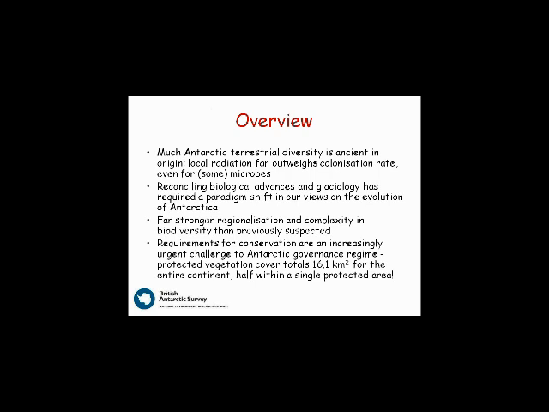As an example, if we think of Antarctic Specially Protected Areas, ASPAs, as national parks or something like that, and we think of what they're meant to protect, across the entire Antarctic, vegetation is protected in a total of about 16 square kilometers of the continent. And half of that is within a single protected area. I think that protected area is Byers Peninsula on Livingston Island in the South Shetland Islands. Clearly, there is a very big conservation challenge here.